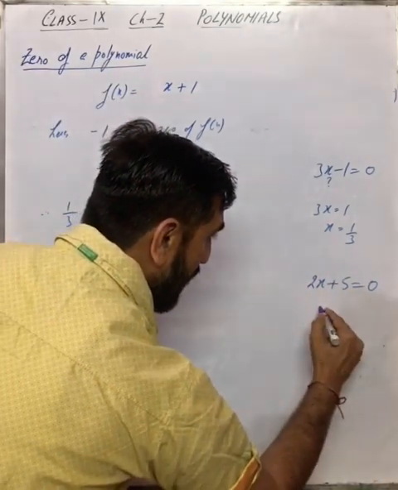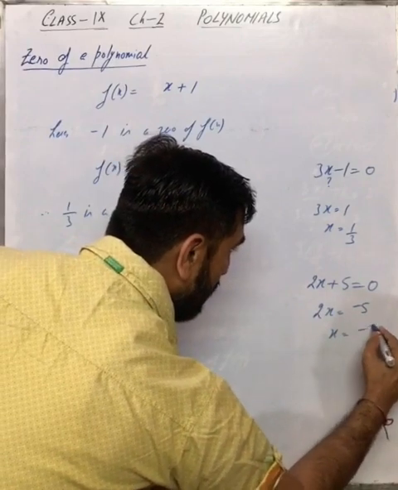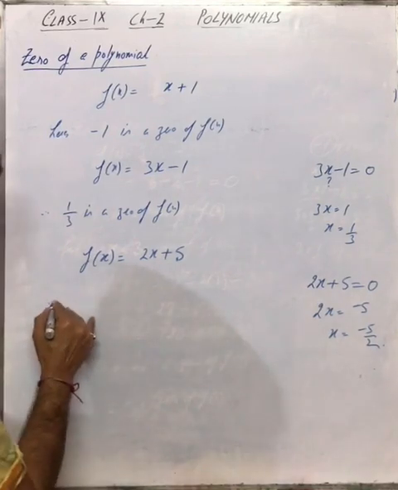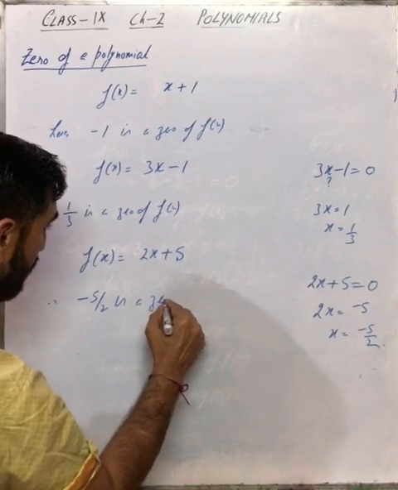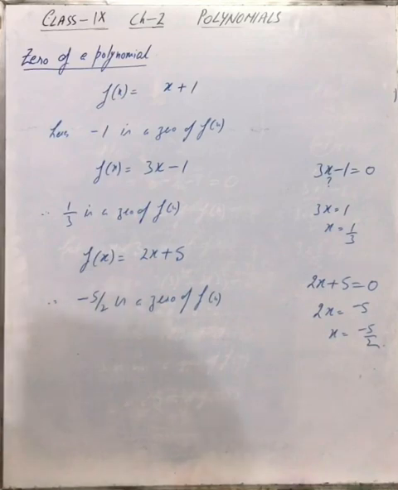Minus 5 will go that side, minus 5. 2 will divide. It will be minus 5 by 2. That means the 0 of this polynomial is minus 5 by 2, a 0 of fx. So students, this is the way you can find the 0 of a linear polynomial.